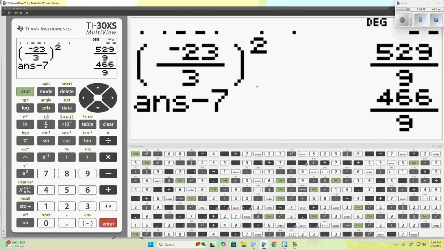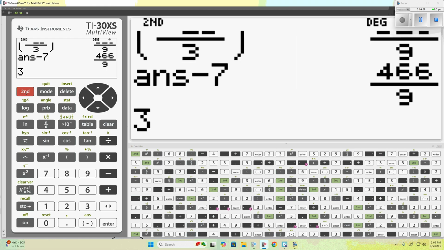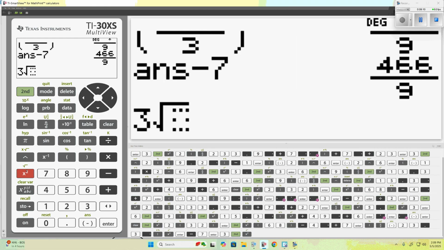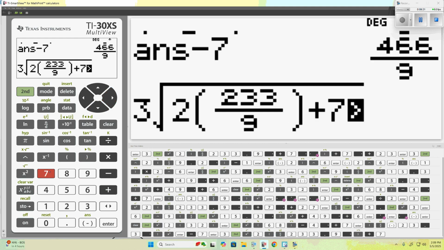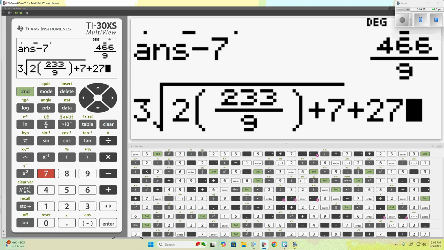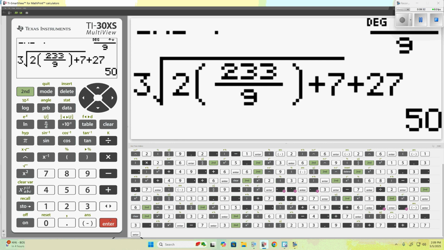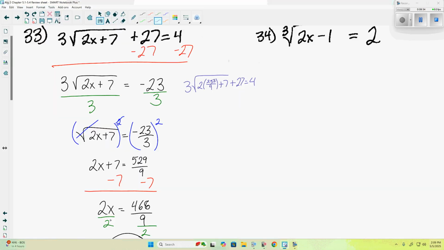And luckily we can grab a calculator and do 3 square root of 2 times 233 over 9 plus 7, plus 27. And this here should equal what? That equals 50.